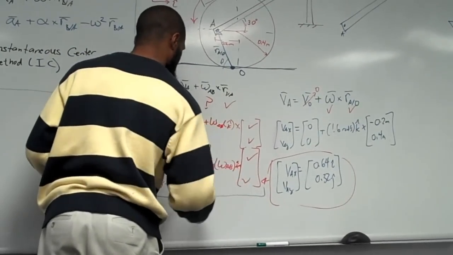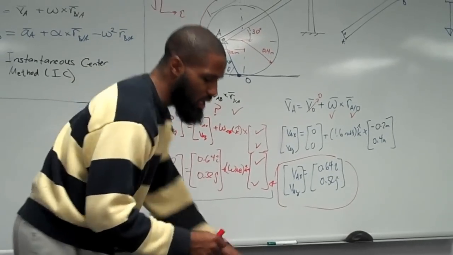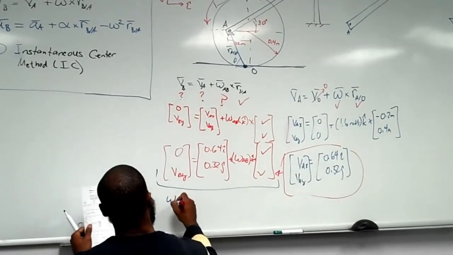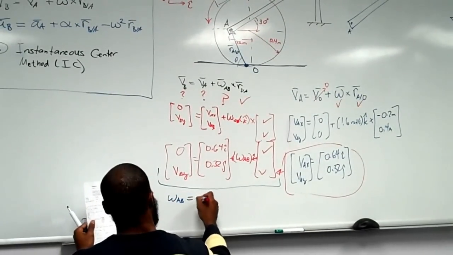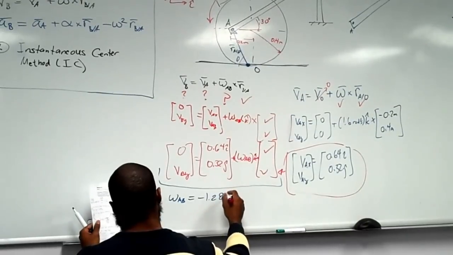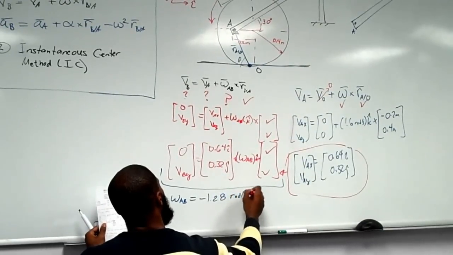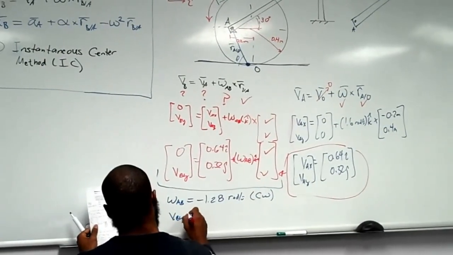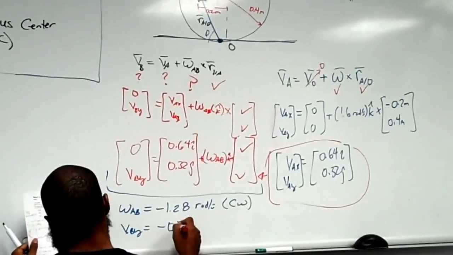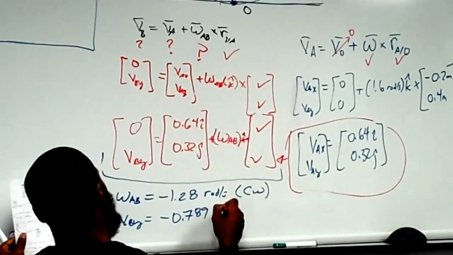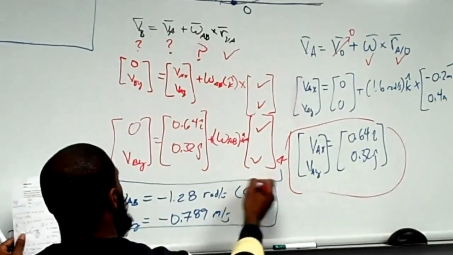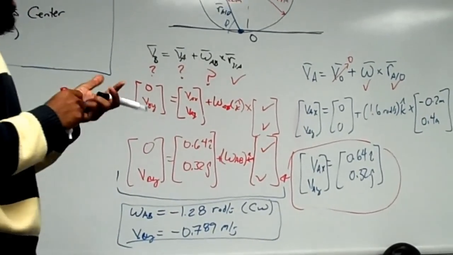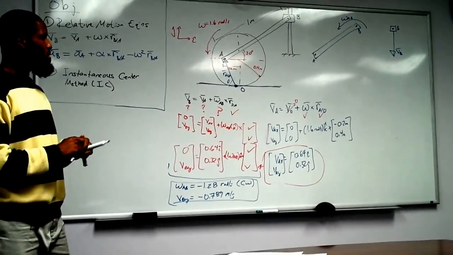When you do the math, which I need you to do after class yourself, you ultimately will get that omega_AB is equal to minus 1.28 radians per second, so that's clockwise, and the velocity of B in the Y is equal to minus 0.789 meters per second. Okay? Cool.